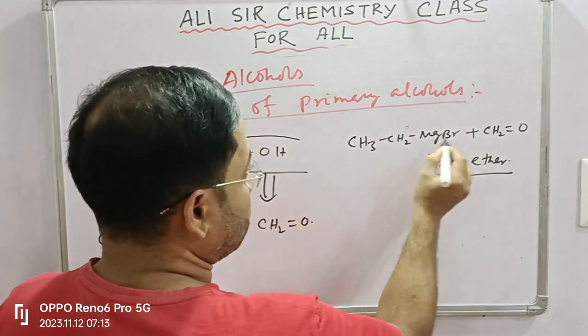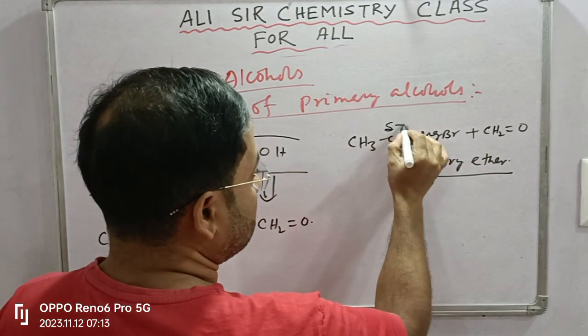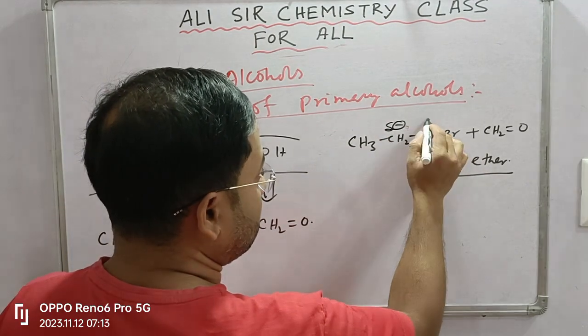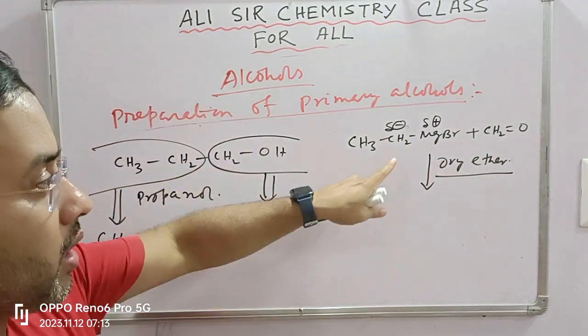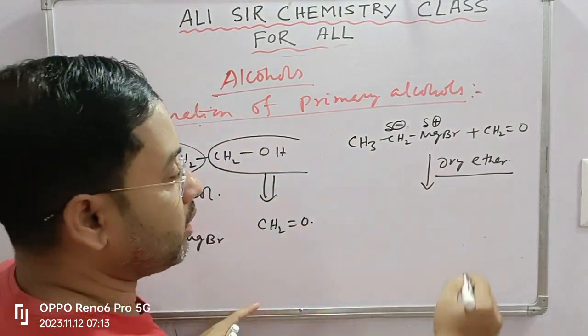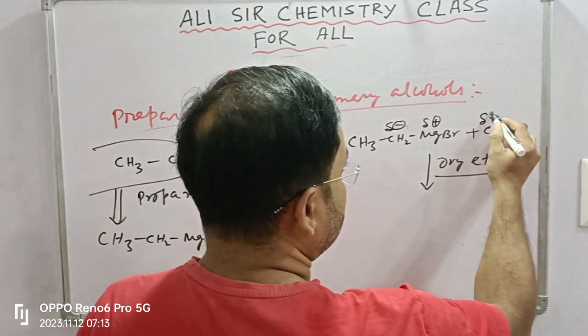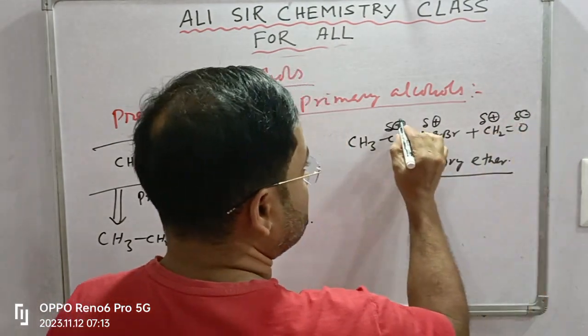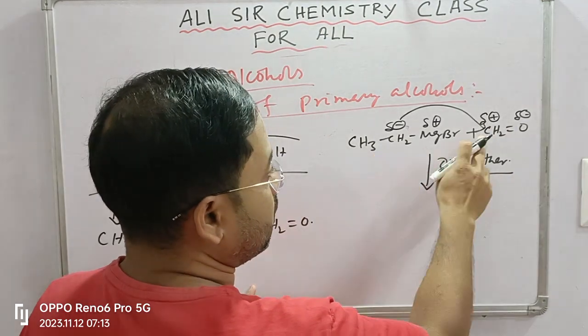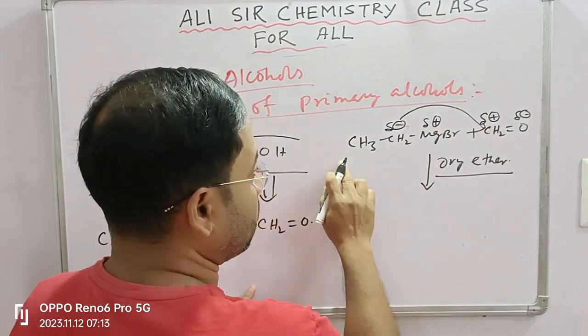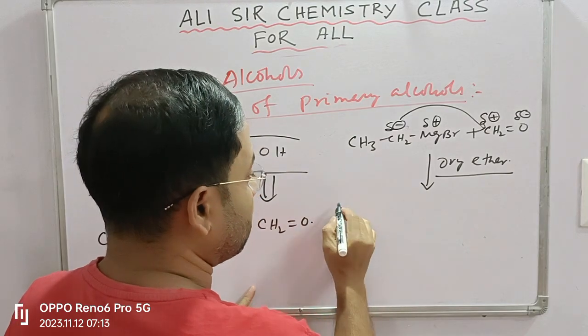So what will form? Here you see this carbon is delta negative. I have already told you before, the carbon which is directly attached to the magnesium metal will be delta negative, and this is delta positive, delta negative. So this delta negative center comes here, and this carbon will attach to this carbon atom. How can you write it?